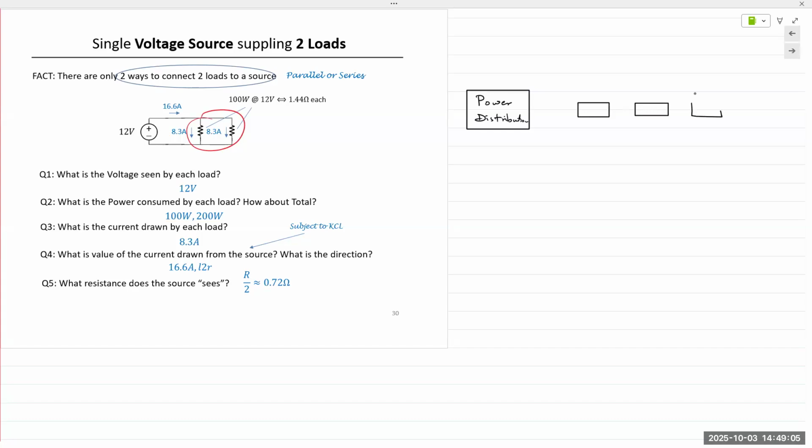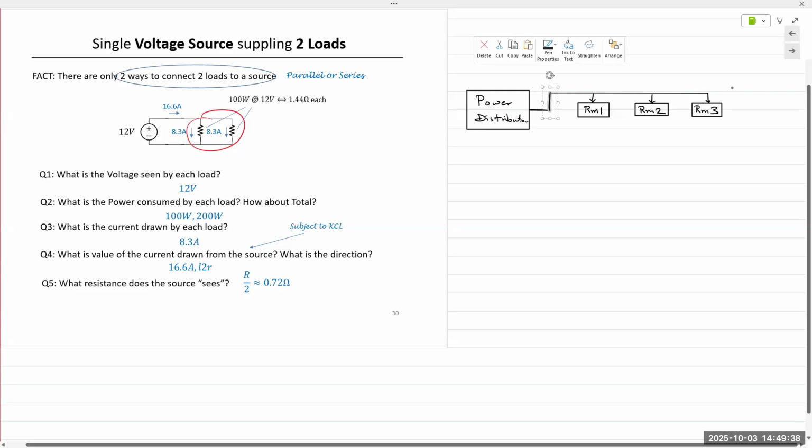This is just a very crude, non-technical illustration. So room 1, room 2, and room 3. You have this cable coming in. That cable is going to all 3 rooms. They're all connected in parallel.